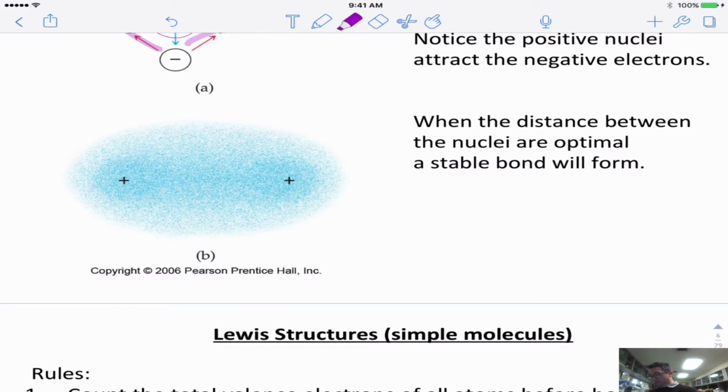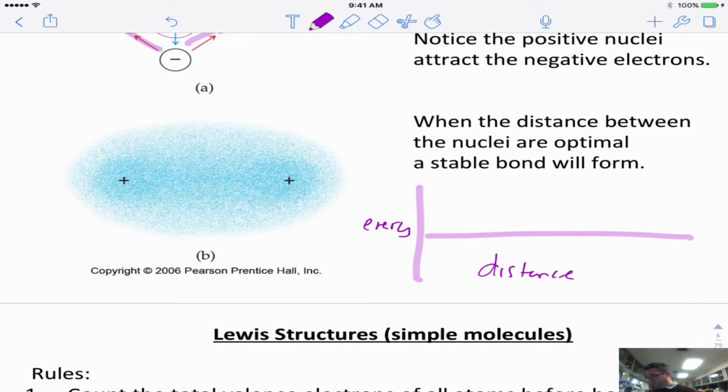Now, just to give you an idea, if I were to graph this out for you using axes, and this was distance, and this was energy, 2 atoms out here, they are far apart from one another. Their energy is essentially 0. As they get closer, they start to attract, and the energy will dip down, and it will reach a point that's a minimum in energy.